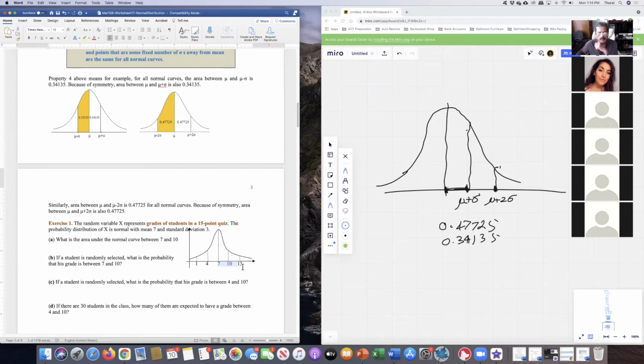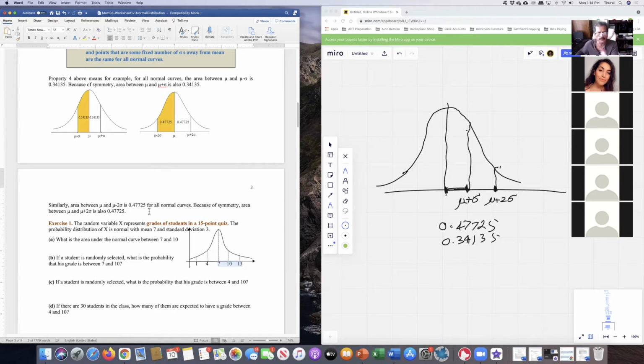That's what I'm confused about. 7 is the mean, 7 plus 3 is mu plus 1 sigma, that's 10, and if you add another sigma equal to 3, you get 13. How does the number change from 0.34135 to 0.47725?